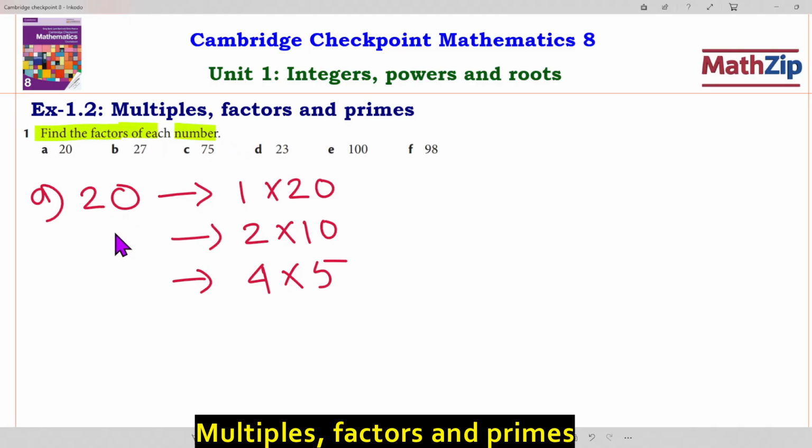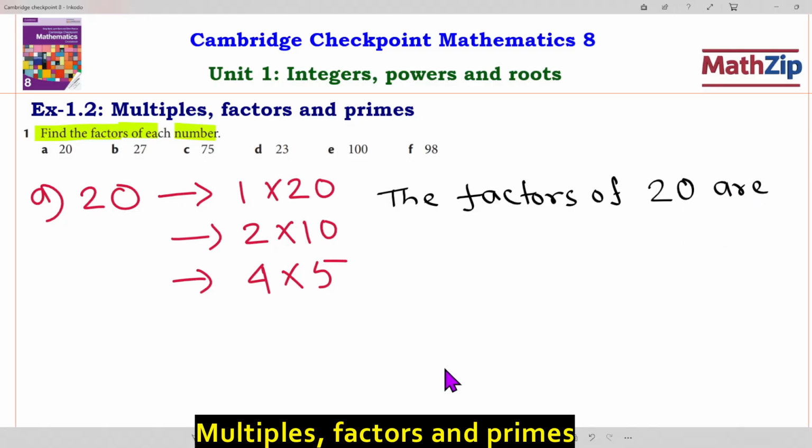So 20, the factors are 1, 2, 4, 5, 10 and 20. Very simple, right?